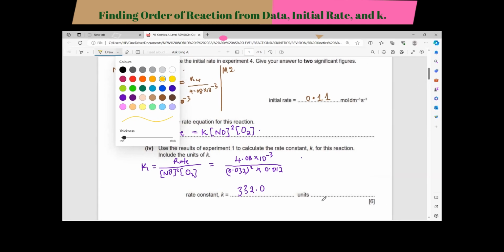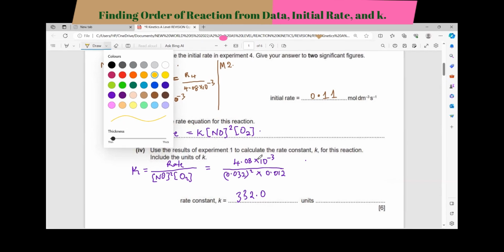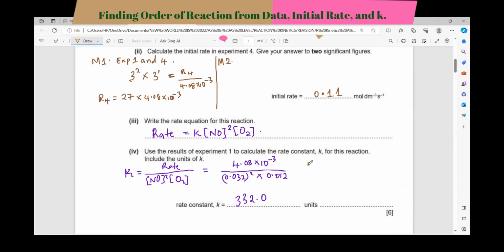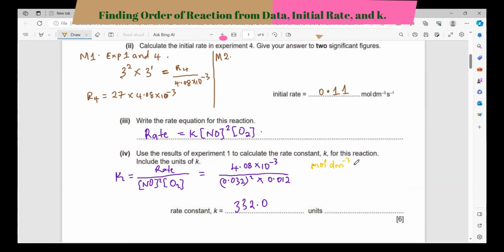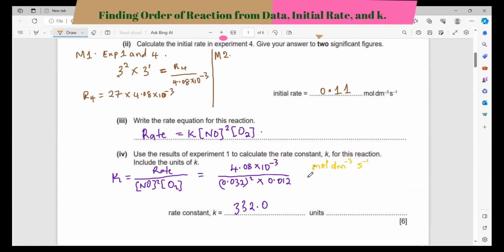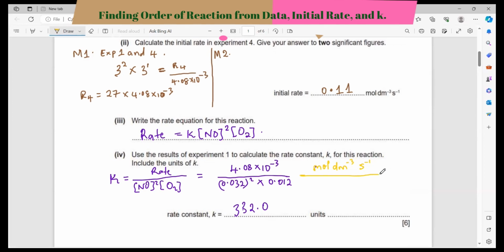I'll use this guy. When it comes to the units, the units for rate is moles per dm cube per second. All right. Divides.